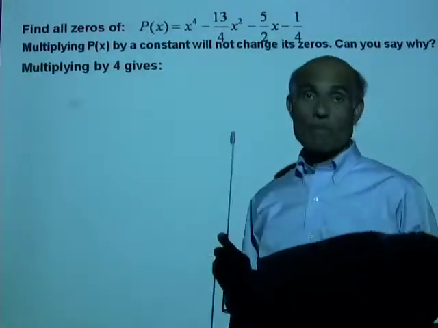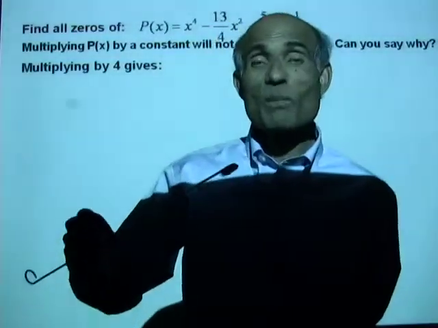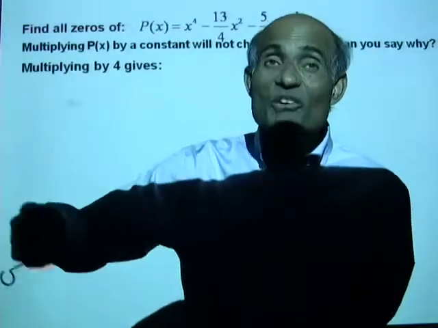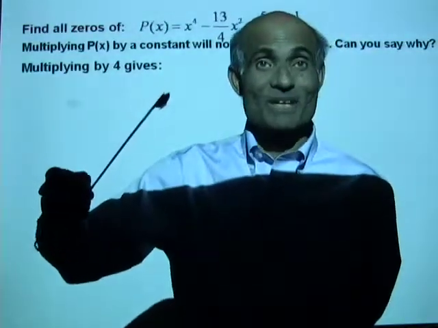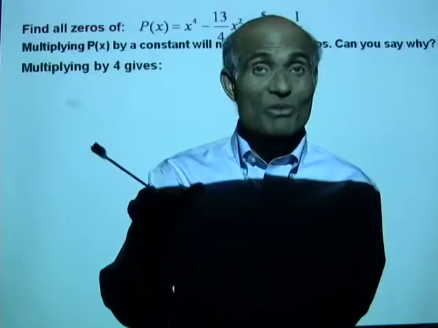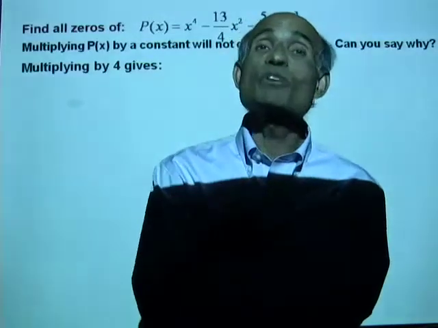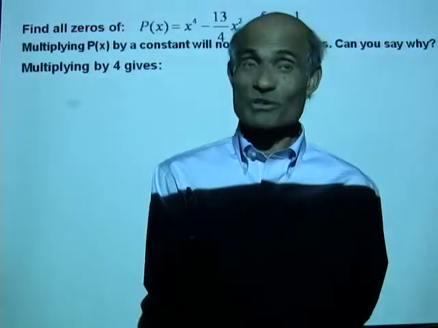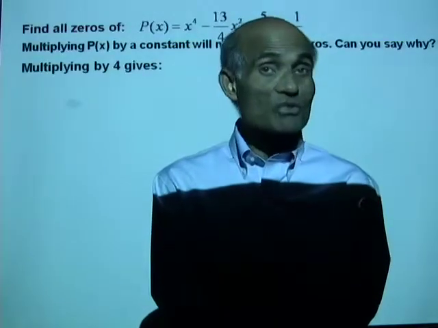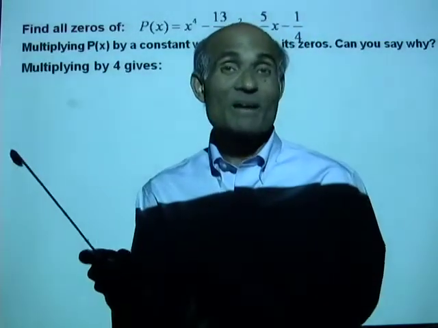Now remember, multiplying a polynomial by a number will change the value of the polynomial. Since we are not looking for the value of the polynomial, we are only looking for the zeros. The zeros of a polynomial will not change by multiplying by a constant.